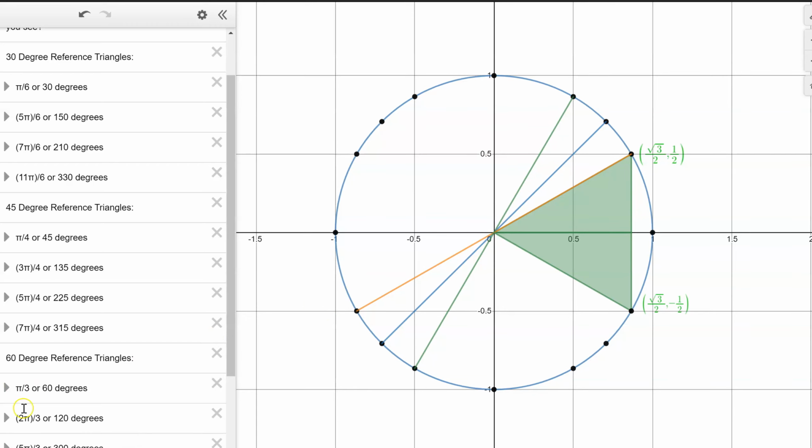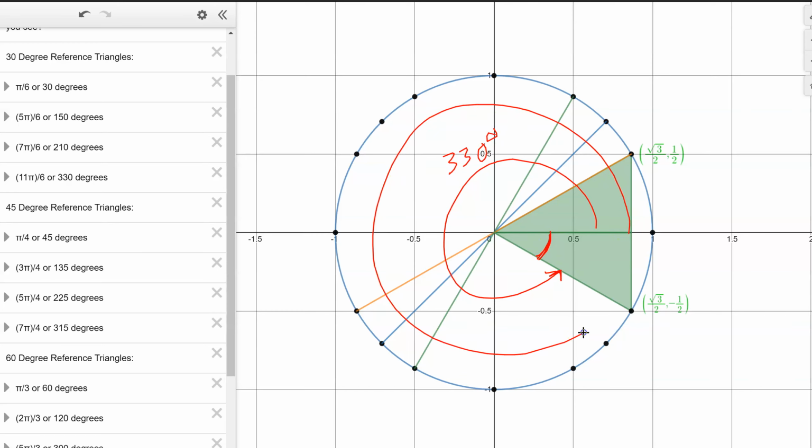Let's move on to the next one. So from here to here is 330 degrees. And so if we're trying to find this little angle here, then you think again, that is 360. So this would be 360 take away 330.